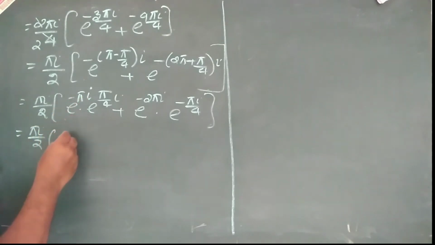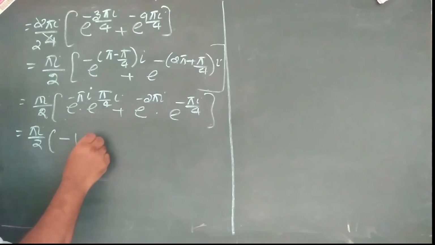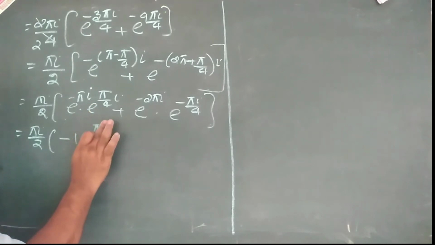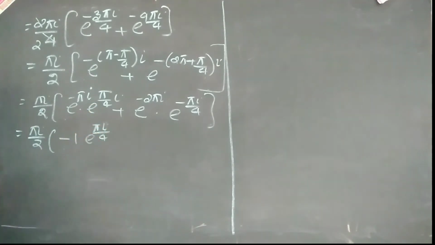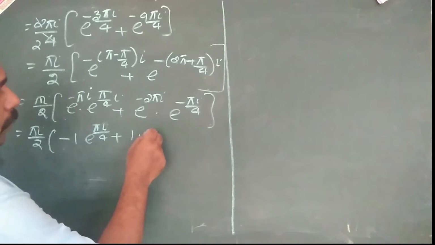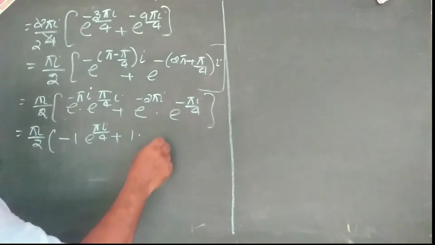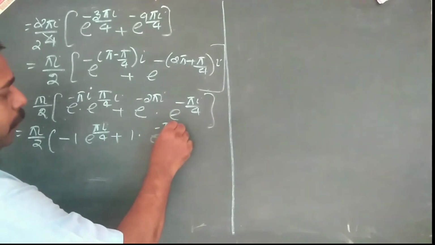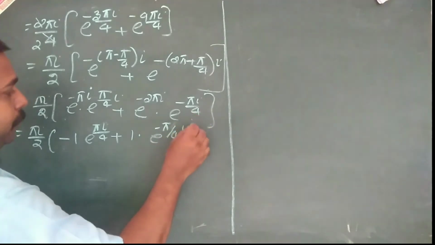Here e raised to pi i is equal to minus 1, e raised to pi i by 4, plus e raised to 2 pi i is equal to 1, or minus 2 pi also 1, e raised to minus pi by 4 into i.